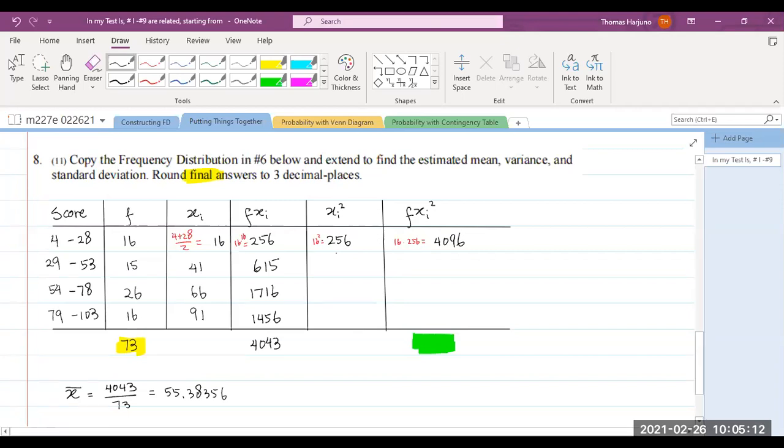Now then, xi squared: 41 squared is 1,681, multiplied by the frequency 15, gives me 25,215. 66 squared will be 4,356, multiplied by the frequency 26. That's 113,256.